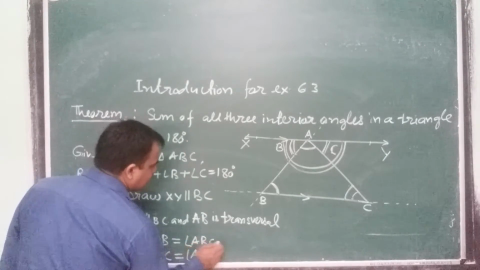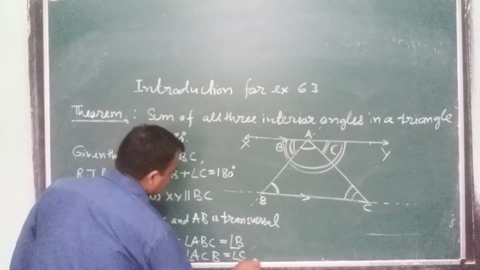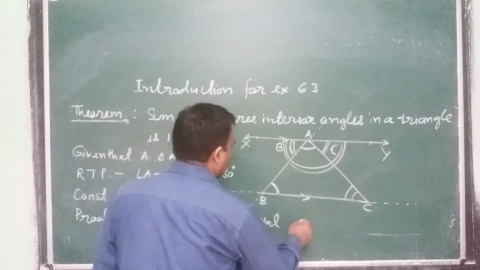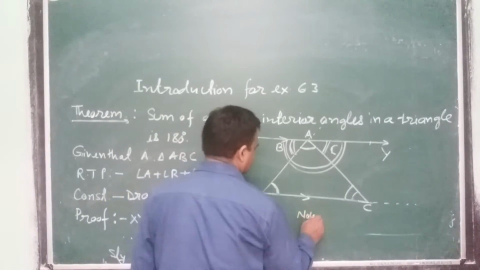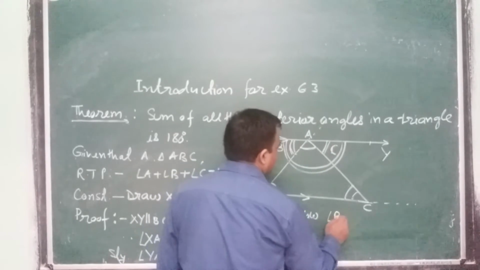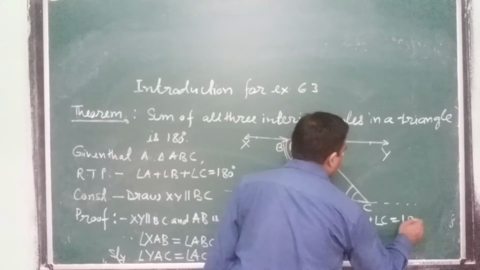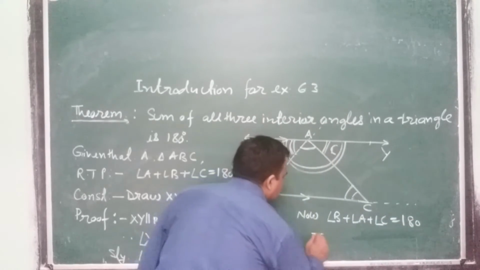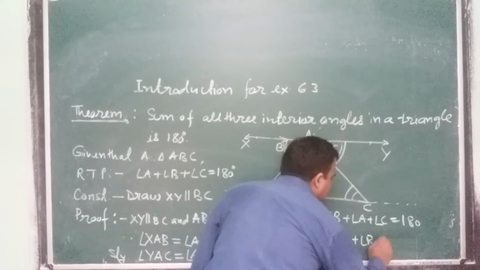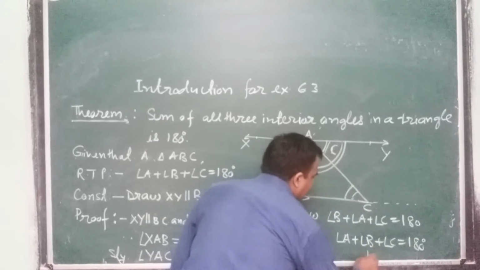This angle ABC we may write as angle B and this angle as C. Now angle B plus angle A plus angle C equals 180 degree. You can write in sequence that angle A plus angle B plus angle C equals 180 degree, and hence true.